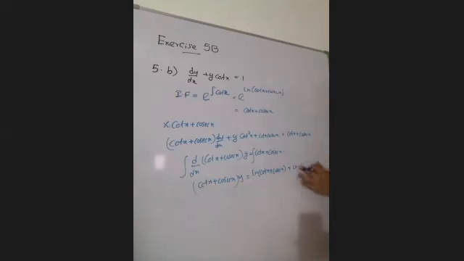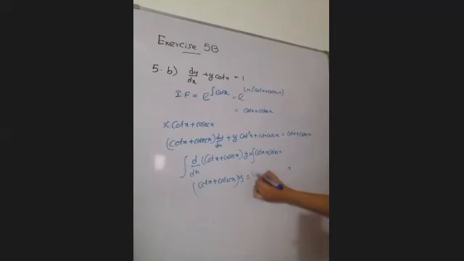Sorry, ln sin x. No, not ln sin x. This turns up to integration of cosec x, it has to be 1 over. Sorry, this part is wrong. This is ln cot x is cos over sin.